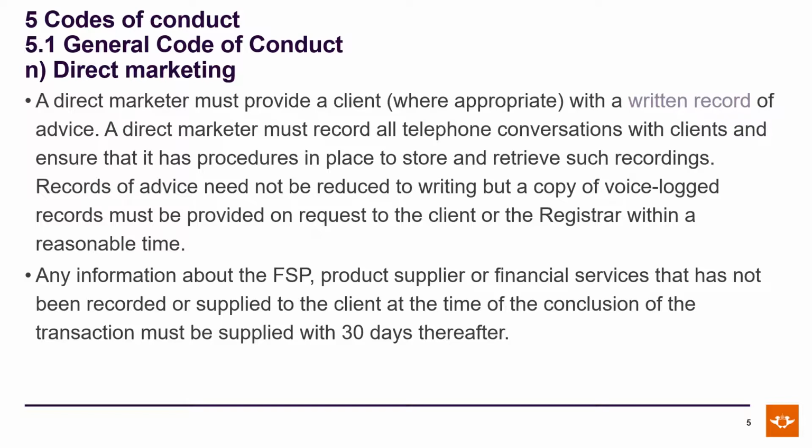The direct marketer must also give a written record of the advice. So they record all the telephone conversations, and they need to have a way to store these telephone conversations if the client requests or even if the registrar requests.